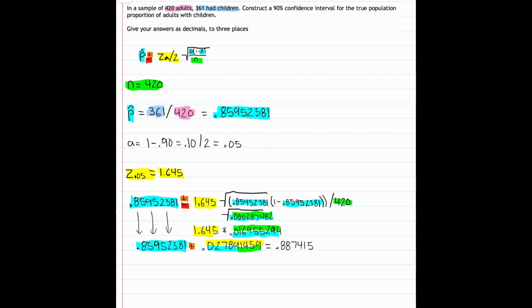And then after we add them together, we're going to get 0.887415. And we're going to do the same exact thing, but this time we are going to do it by subtracting. And that number is going to be 0.831632.